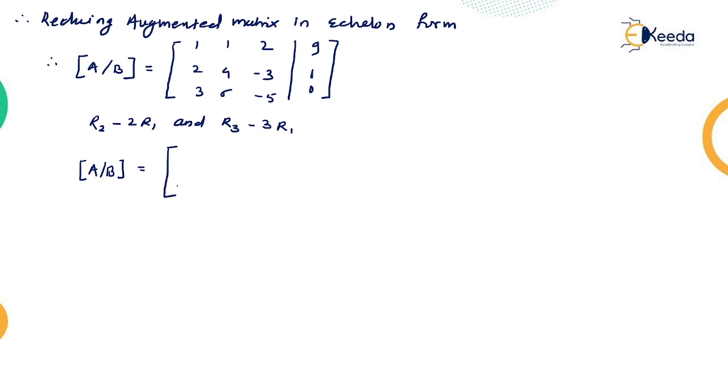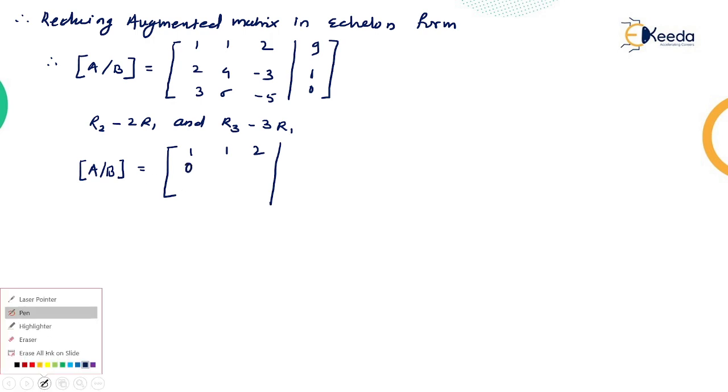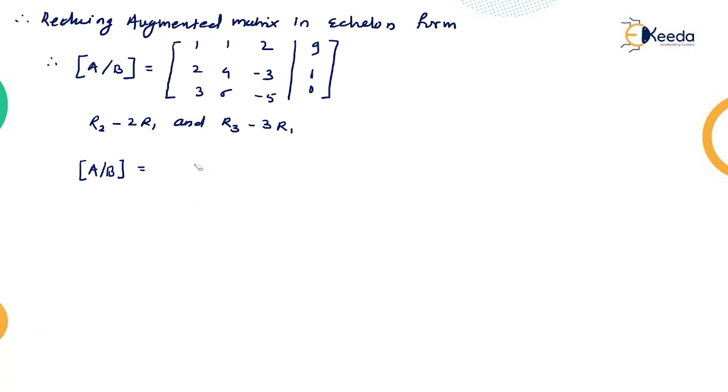So in this way, the first row is 1 1 2, as it is, and then 9. Nothing will be changed in the first row. R2 minus twice R1 means 2 minus 2 into 1, so we'll get 0.